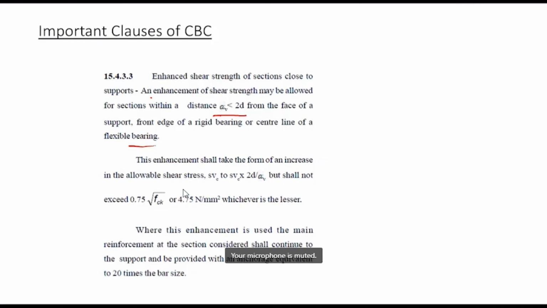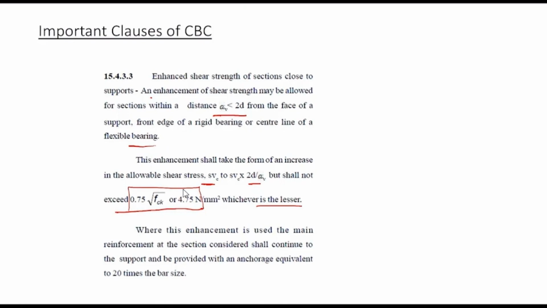The enhancement shall take the form of an increase in the allowable shear stress vc to vc into 2d over av, but shall not exceed the limit that avoids crushing of concrete, whichever is lesser.